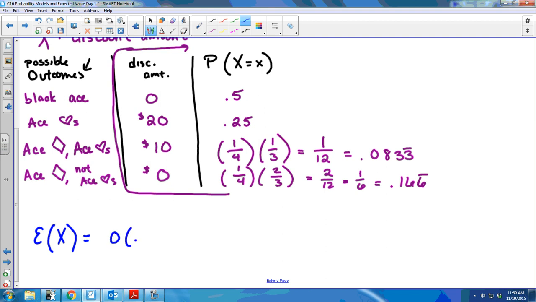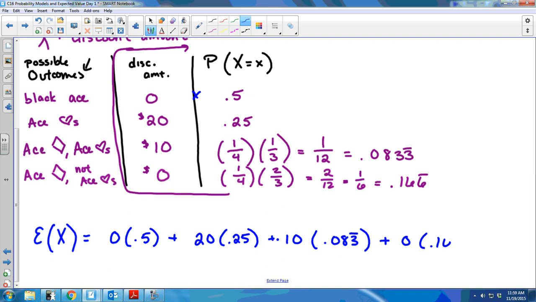So 0 times 0.5 plus 20 times 0.25 plus 10 times 0.083 repeating plus 0 times 0.166 repeating. I understand that 0 times something is 0, but I'm trying to make sure that you include your work on a free response question. If it says to find the expected value, it takes like 10 seconds to write that out. Okay? Throw out your work, and then you'll get the answer.